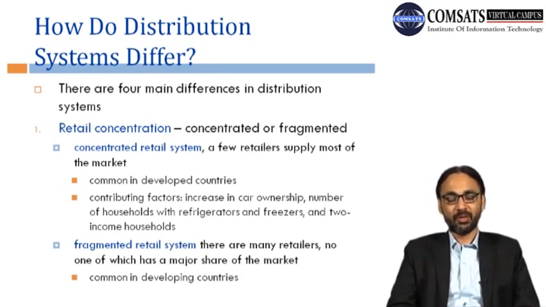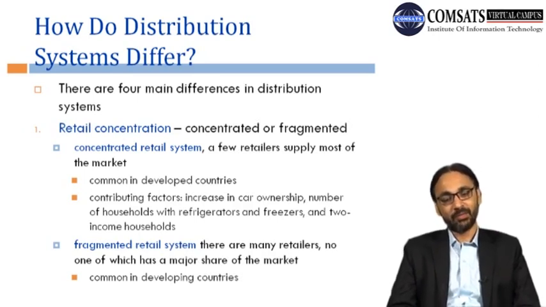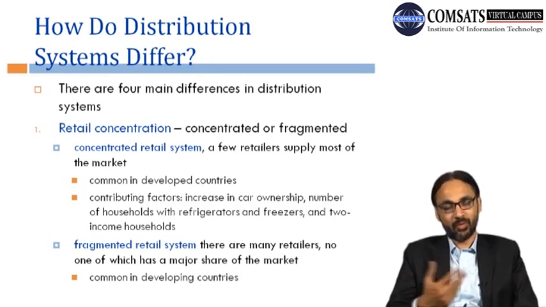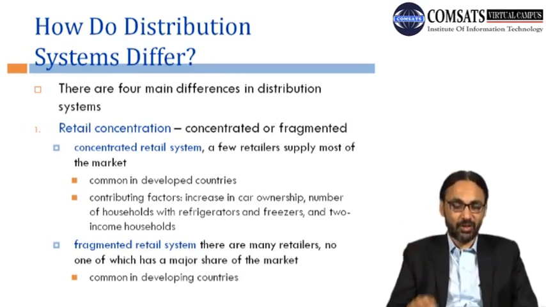Common in developed countries. Contributing factors: increase in car ownership, number of households with refrigerators and freezers, two-income households. Because of this, there are only a few market players, and that's why there is more concentration in developed markets: car ownership, households with refrigerators, and more than one earner in a household.